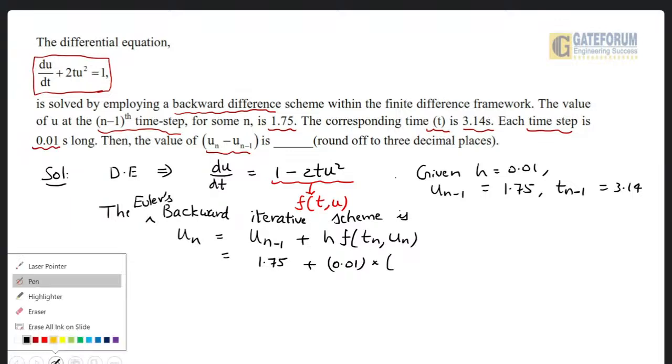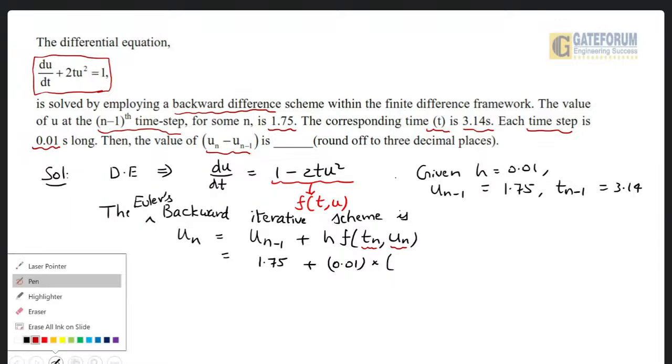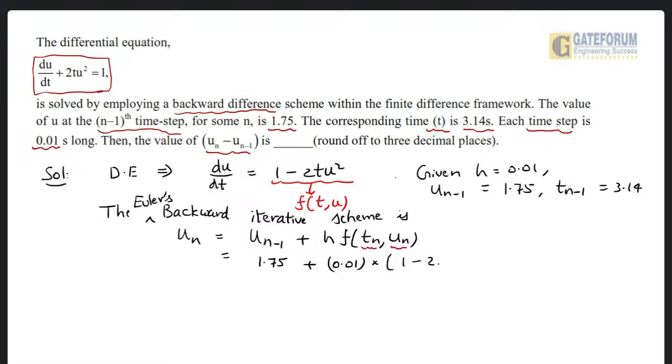So just observe this tn un. In that function of t comma u, put t is equal to tn, u is equal to un. Okay, so you will get 1 minus 2 times tn into un square. Now, the corresponding time t is 3.14 seconds.